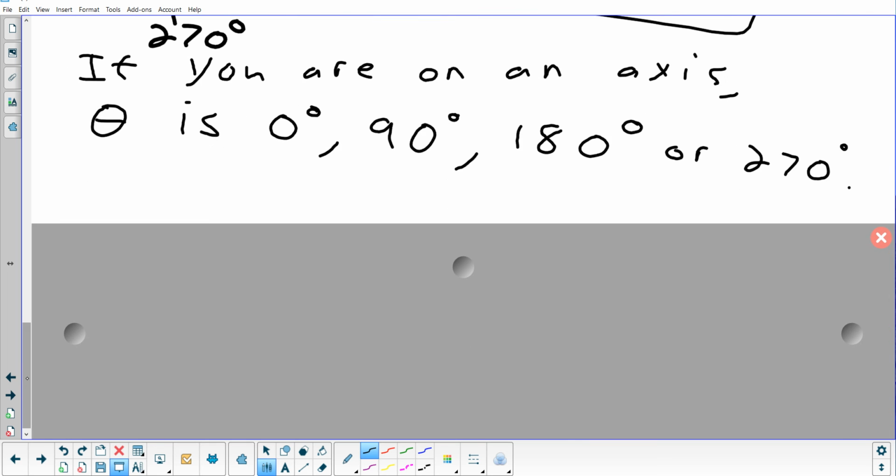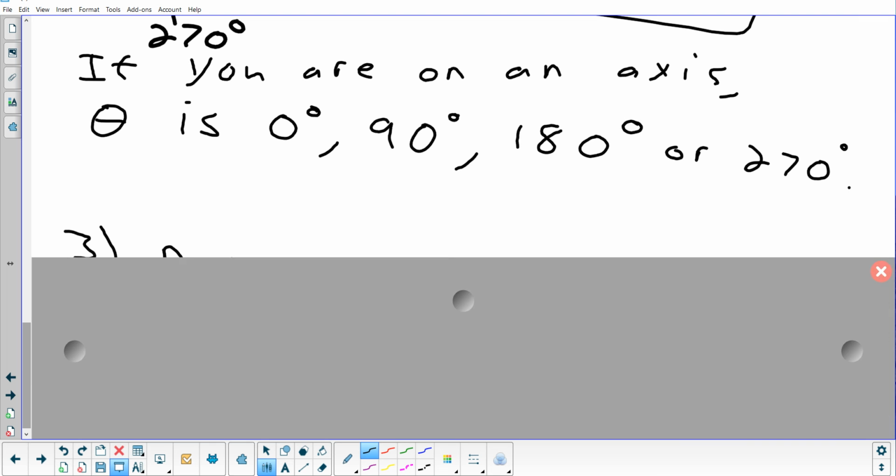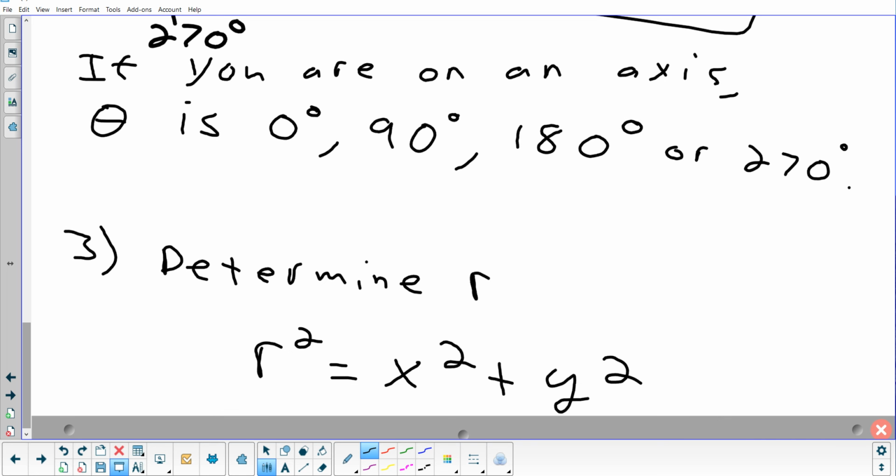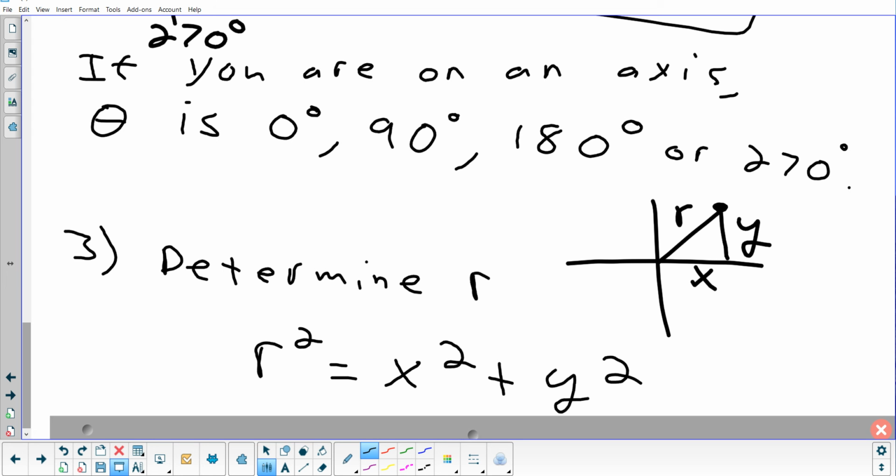And I told you I'd write down how to do the radius, but somebody already said it. It's the Pythagorean theorem. Here's your point. You have a triangle. You'll know x, you'll know y, and you have to find r. X squared plus y squared equals r squared.